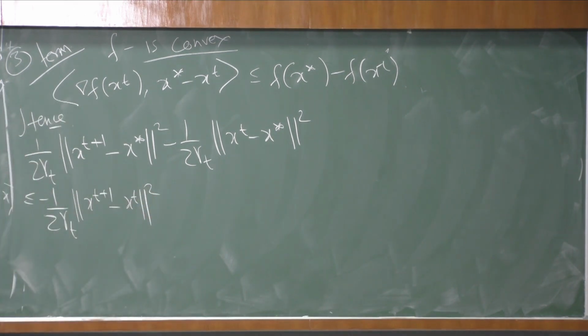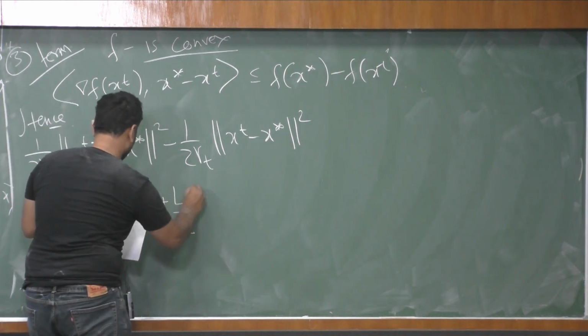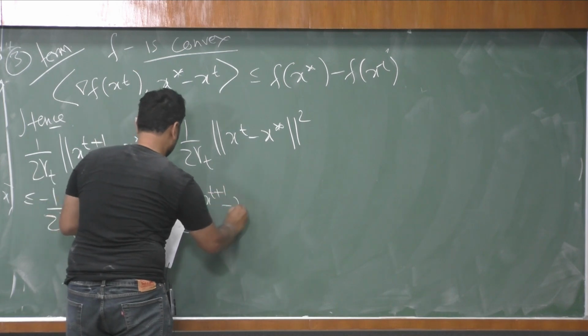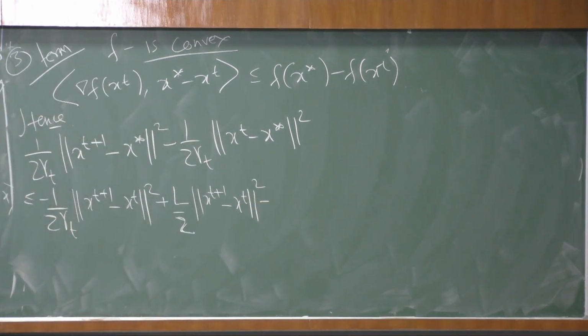But then we found that we had this additional term xt plus 1 minus xt, so we club it there as well. So this is plus L by 2 times the norm of xt plus 1 minus xt squared, minus, and then we have F(xt plus 1) minus F(x star).